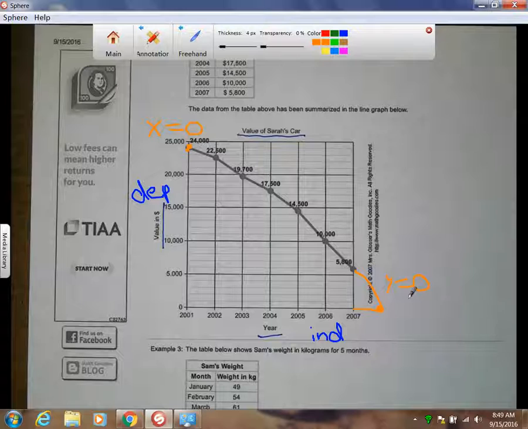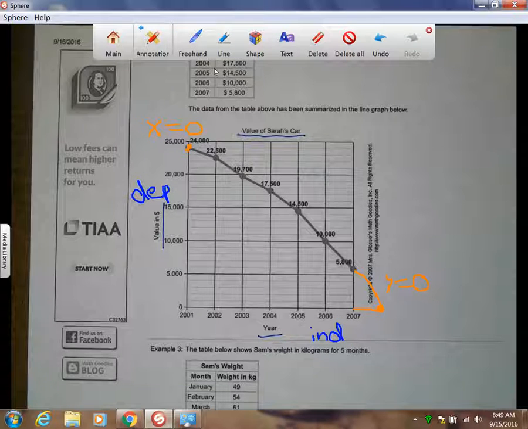Y in this case is the value, so if the value of the car were to go to 0, that would be your x-intercept. Here, when x is equal to 0 at your y-intercept, that represents when she bought the car, so when she first got it. It happens to be in 2001. So that's the beginning, and the value is going down. So make sure you know x and y intercepts.